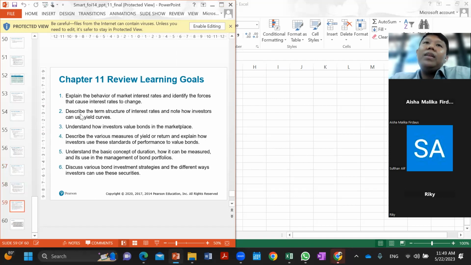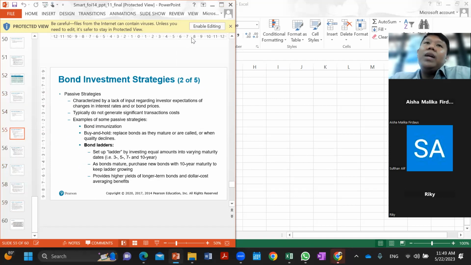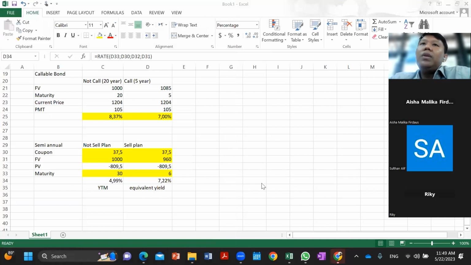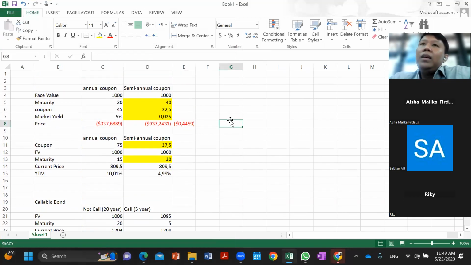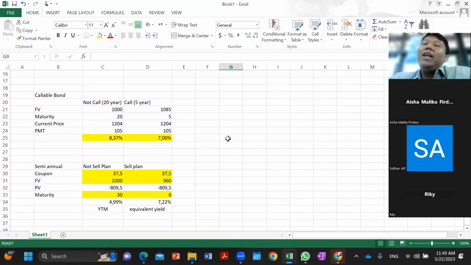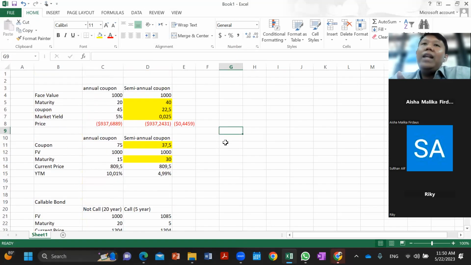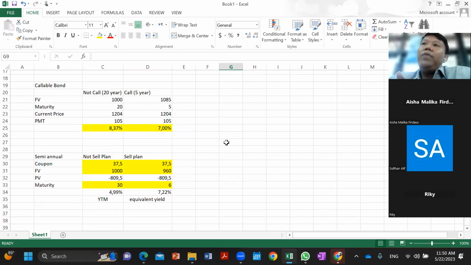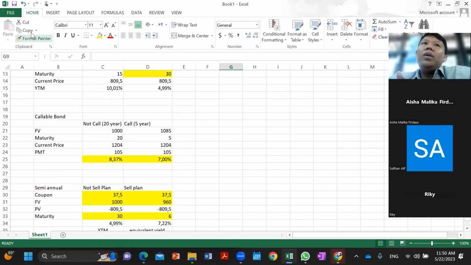Then we will learn about some bond investment strategies. For today, I hope you have learned how to find the price of the bond and how to find the yield, such as yield to maturity, yield to call, equivalent yield, and so on, which hopefully helps your decision whether to invest in such a bond or sell it.